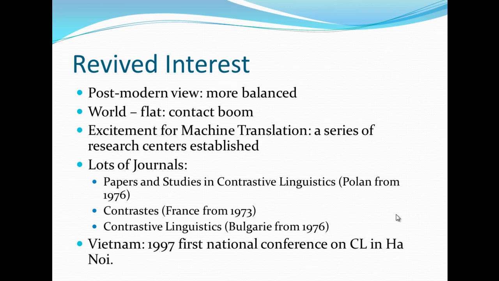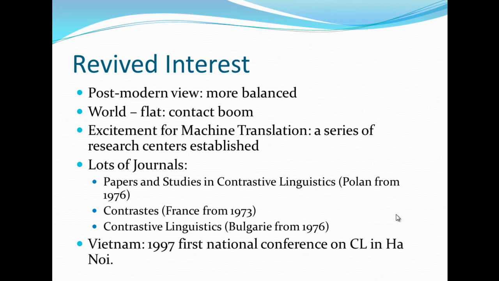So there is a stronger and stronger interest in building an automatic translation project, helping people from different languages communicate with each other. And that accounts in part for the revived interest in learning about other languages.